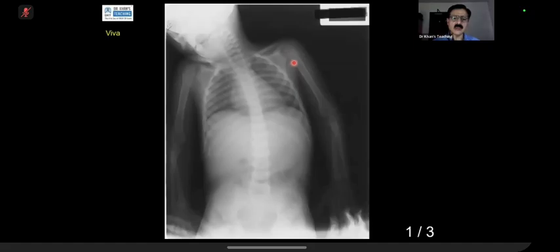With that, you can see that there is some sort of soft tissue here. So review what is happening here. Even with this finding, you should have gone for an ultrasound.